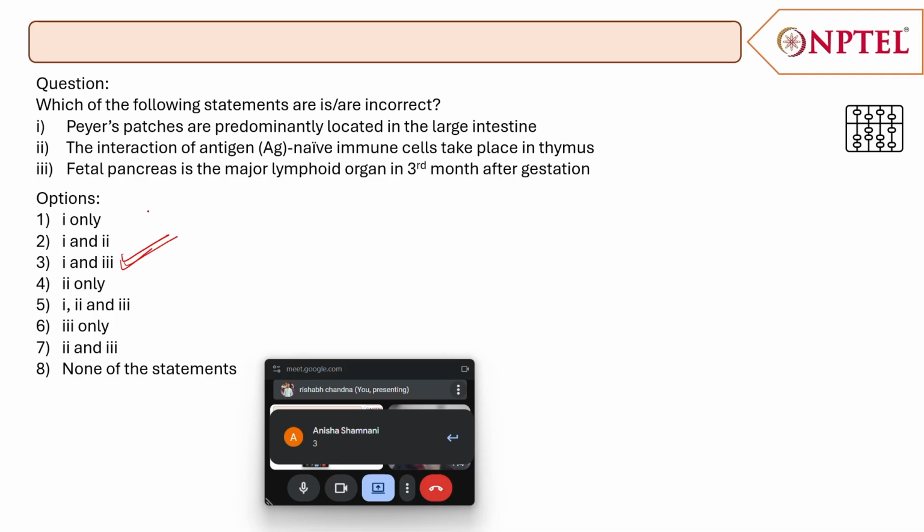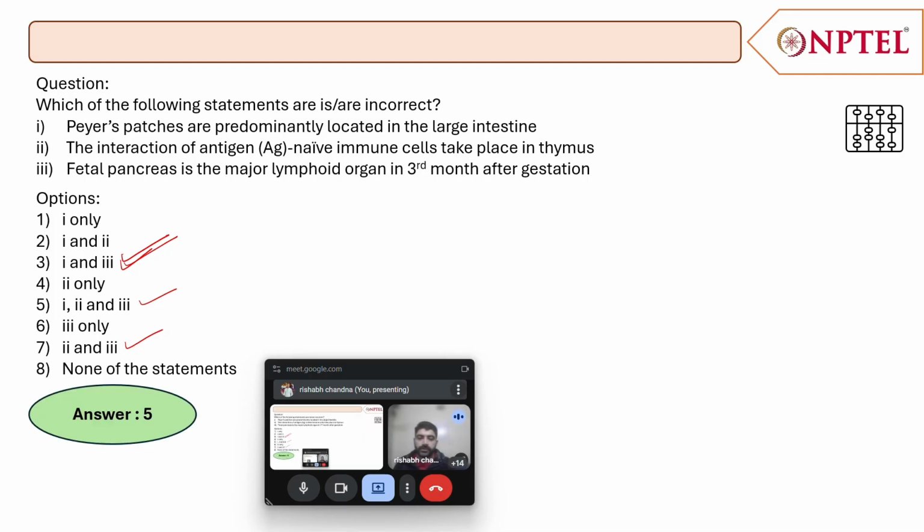Okay. Any more answers? Okay. So the correct option is option number five. That is, all the three are incorrect.